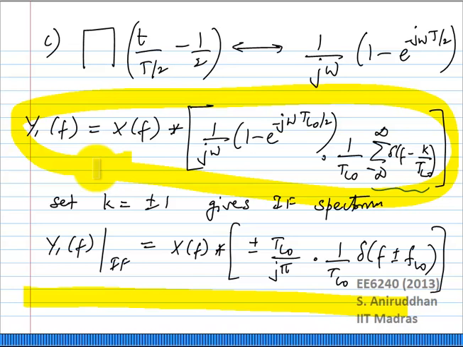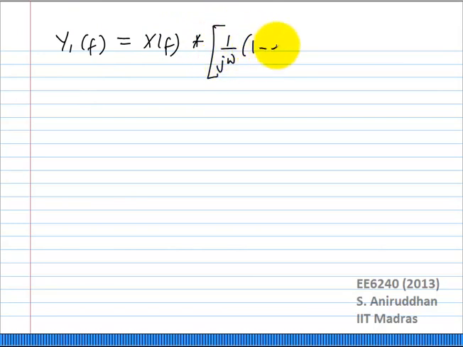Then you set this to delta of f and evaluate y of f, y1 of f and y2 of f at the input frequency. So let's write down the expression for y1 of f. It's x of f convolved with 1 by j omega into 1 minus e to the power of minus j omega TLO by 2, times the impulse train.